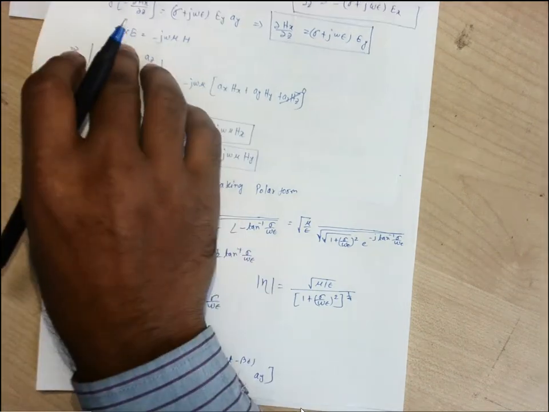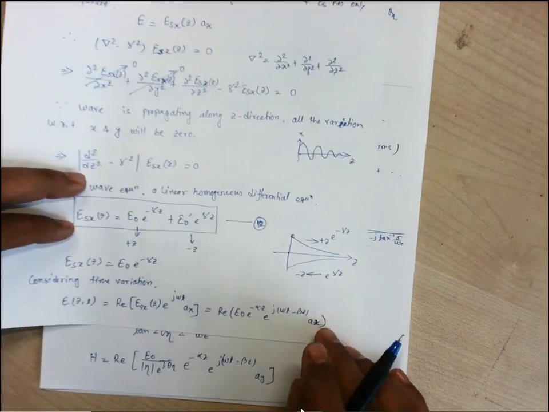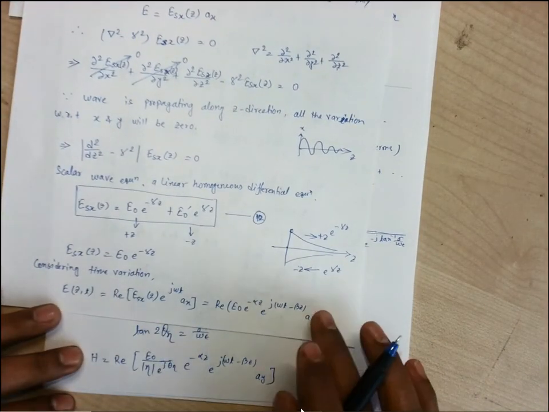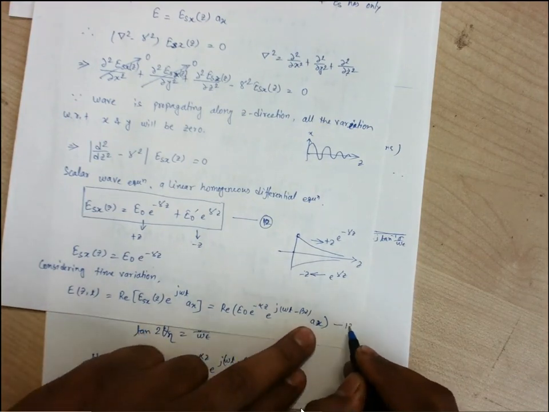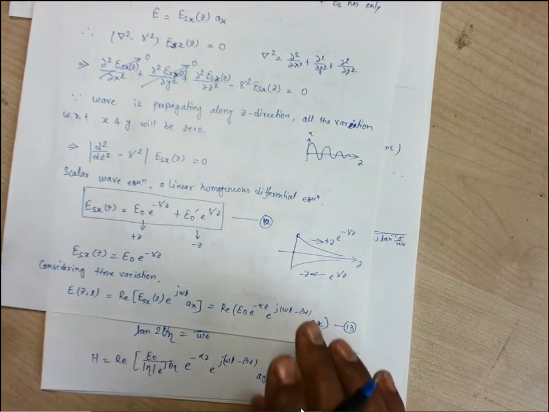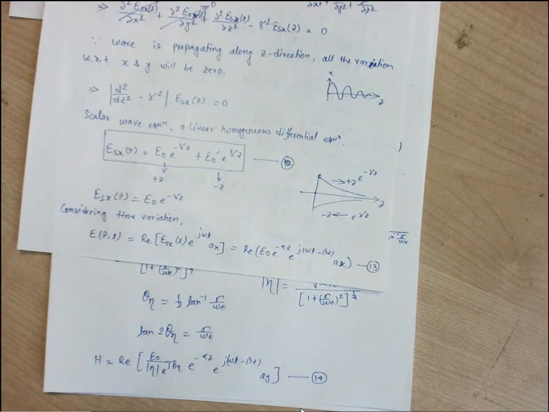So this is one electric field expression, that is if we write it as 13, this one as 14. So from equations 13 and 14, we can say the wave is propagating along this z. How have we understood?